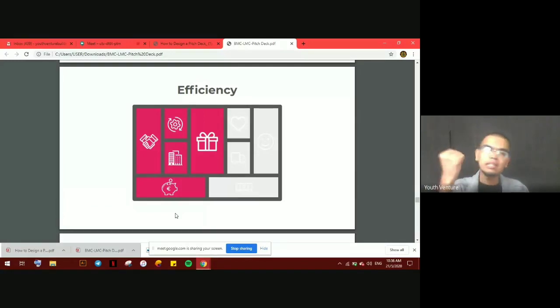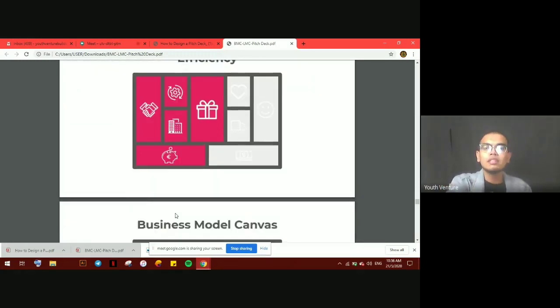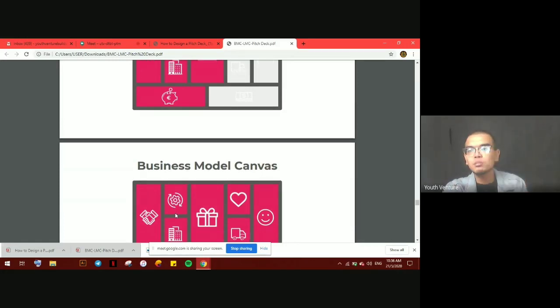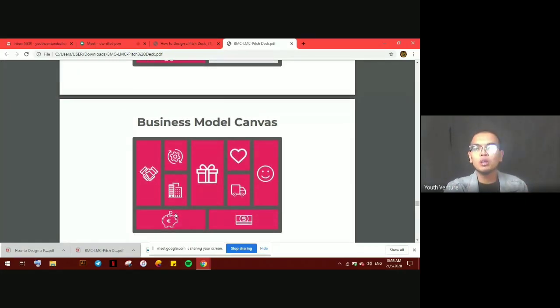So when you want to create value, creating value alone is not enough. You need to make it cost efficient to create value. So your value needs to match the cost of delivering the value. Hence the 9 parts of the business model canvas are very, very important. One part alone is not important.